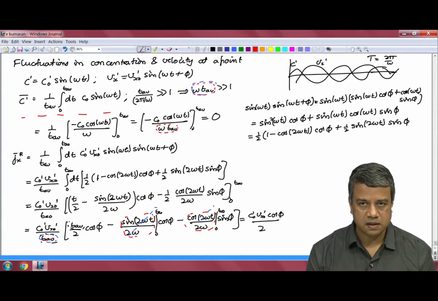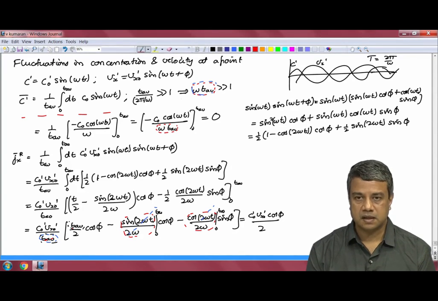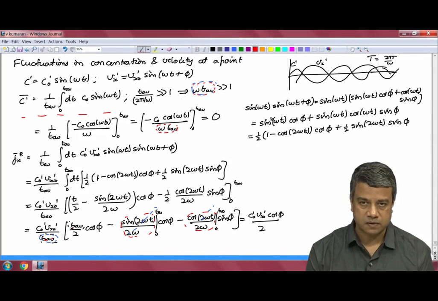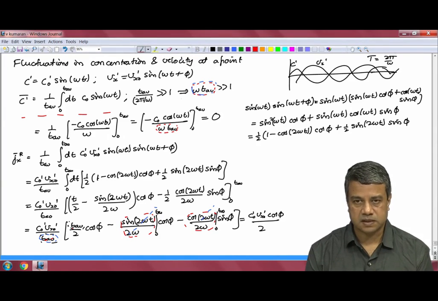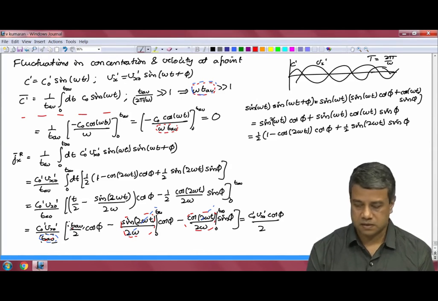The correlation in the velocity and the concentrations results in a net non-zero transport, even though on average the velocity and the concentration fluctuations are 0. The net flux, which is proportional to the product of the two, is non-zero on average, and this results in a non-zero transport of mass in this particular direction. The Reynolds flux is non-zero because the velocity and the concentration are correlated in this case.